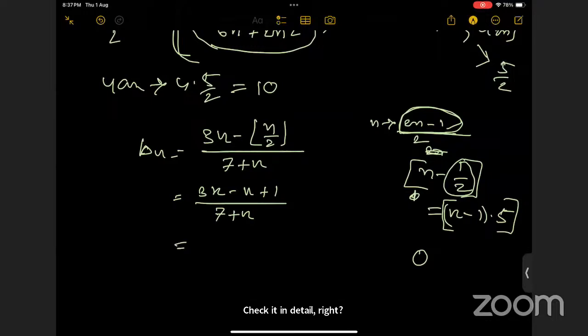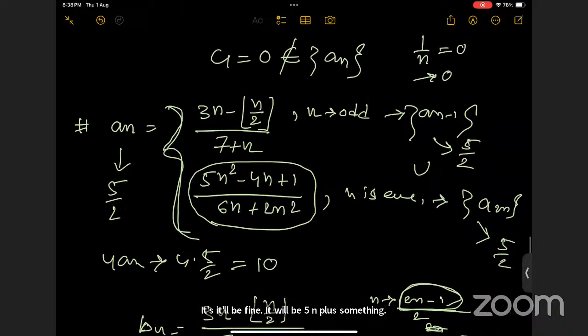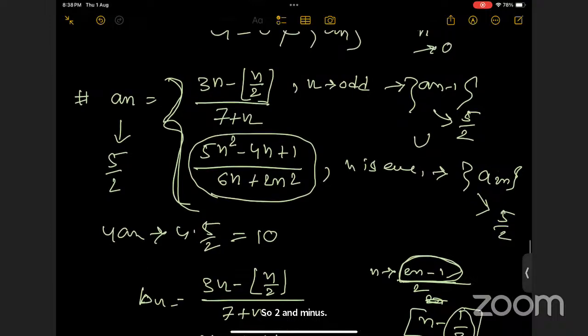Okay. So it is 2n plus 1, 7 plus 1. So it will be 2 plus 7 plus. It will be 5. It will be 5n plus something. So 2n minus 1 divided by 2. So n minus 1 gets divided by 2, normalized.